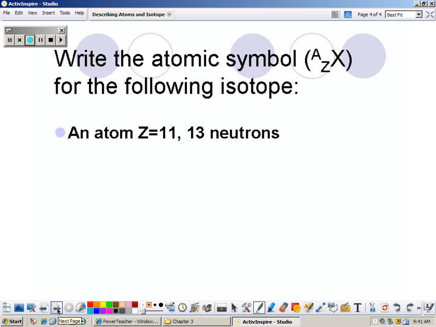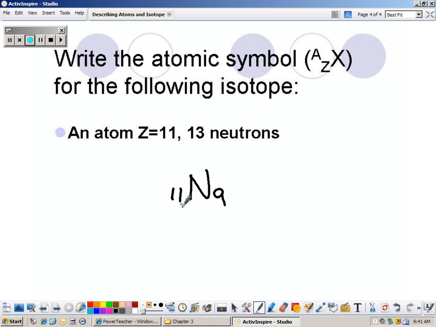This one is a little trickier. It says an atom, Z equals 11, and it has 13 neutrons. If Z equals 11, what element is this? Sodium again. So we'll put that in for X. They're giving us Z, so we can put Z here for the bottom.